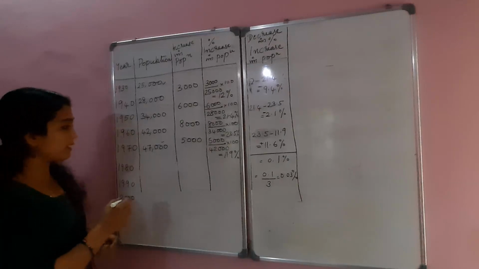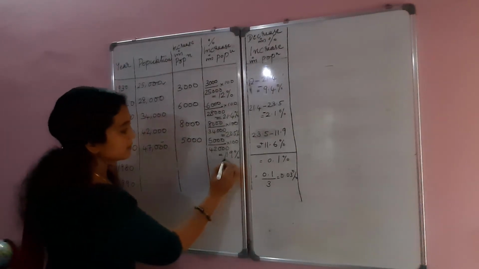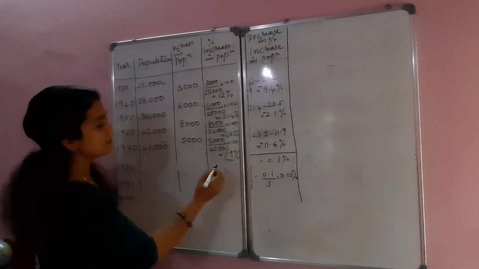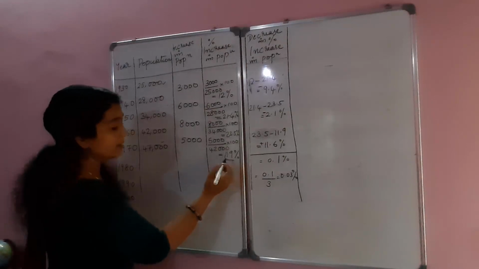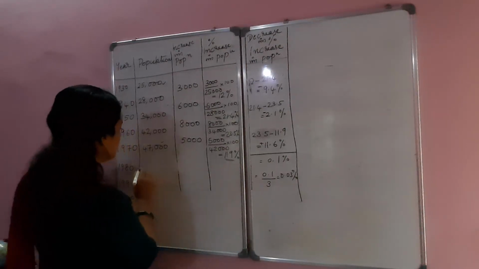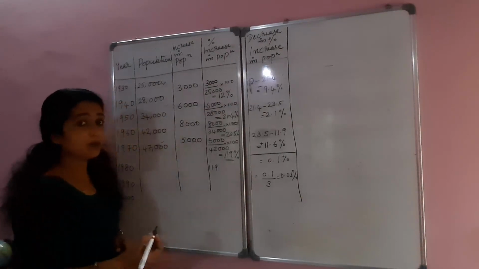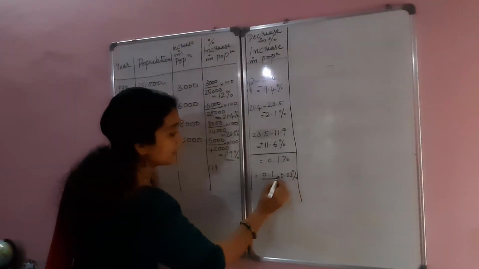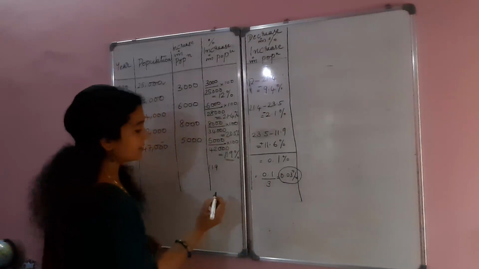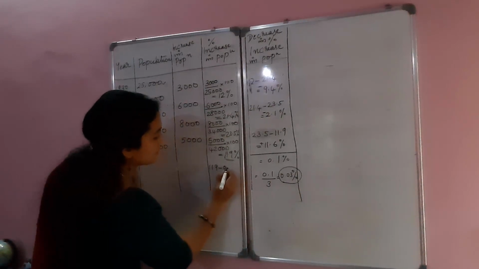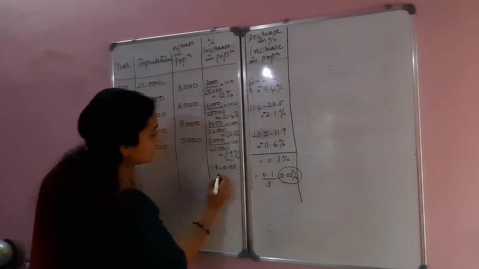The last percentage increase in population is 11.9. Then what is the decrease in percentage? It is 0.03, that is minus 0.03.